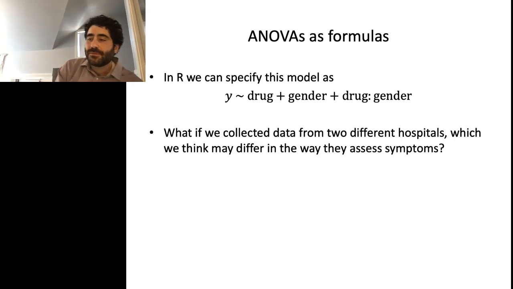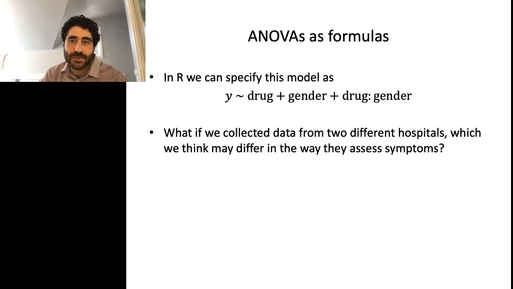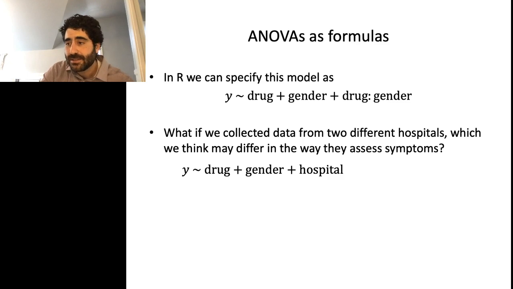So for example, maybe we know other stuff about people. So certainly in a medical context, we know tons of stuff about patients. And so maybe we also know that these people come from different hospitals, for example, and we think that which hospital you're in maybe changes the way that they assess your symptoms, or maybe some of them just have better outcomes than others. So you could think about writing models like this. So this would be a model that we're predicting people's outcomes based on main effects of drug and gender and hospital.